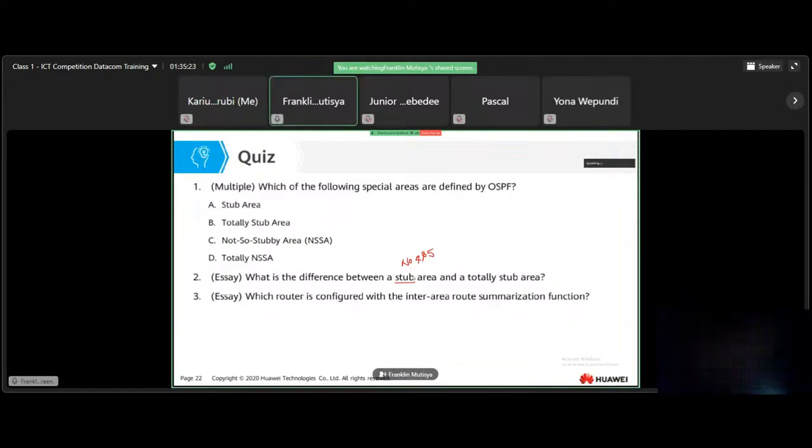A totally stub area, on the other side, does not allow type 3, 4, and 5.